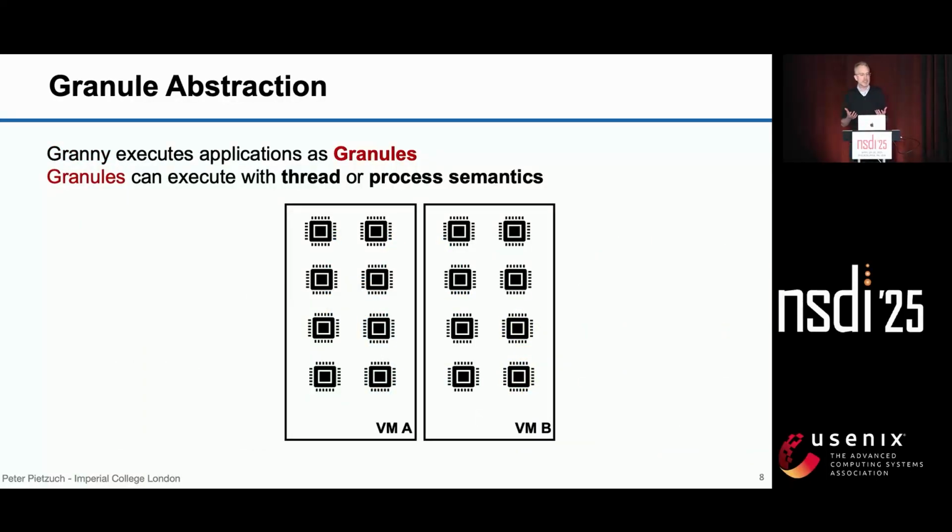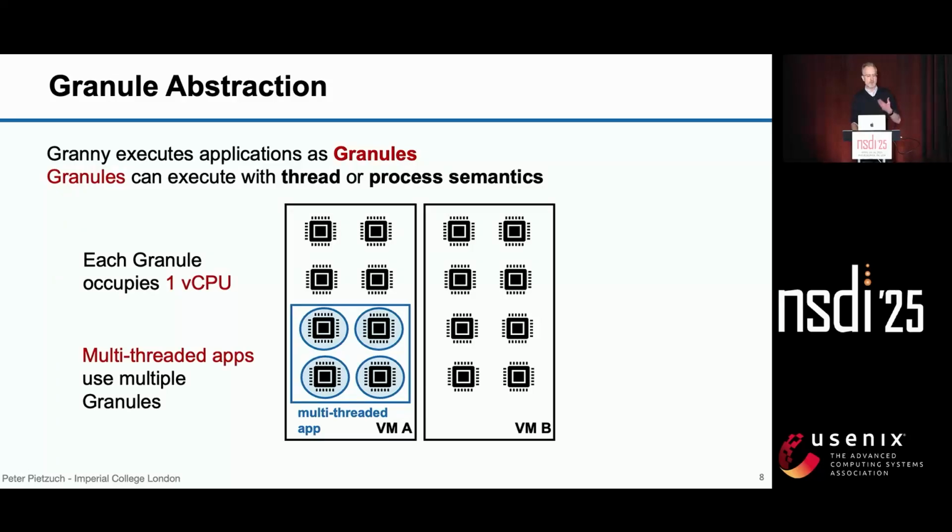So the key idea is that we introduce a new execution abstraction that we call a granule. All applications execute as granules, and granules can execute either with thread or with process semantics. When a granule is deployed, each granule occupies exactly 1 vCPU.